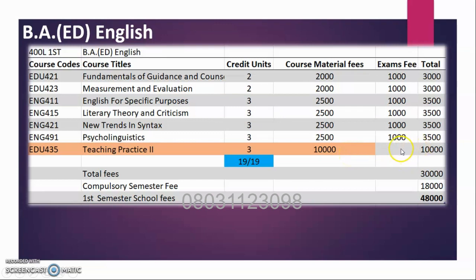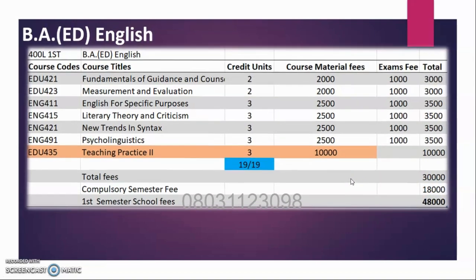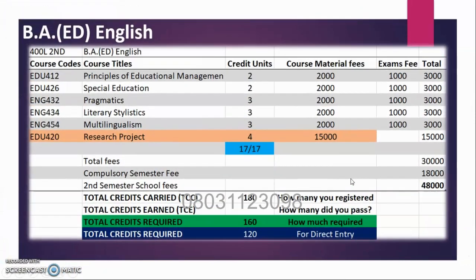Okay, it's not examinable, and these are your fees to pay for first semester 400 level, which includes 18,000 compulsory fee. 48,000 naira is your total fee. Then 400 level second semester. Here you are. A research project of 4 units, 15,000. Even if it's 6 units, it's 15,000. That's the cost of registering a project in NOUN.